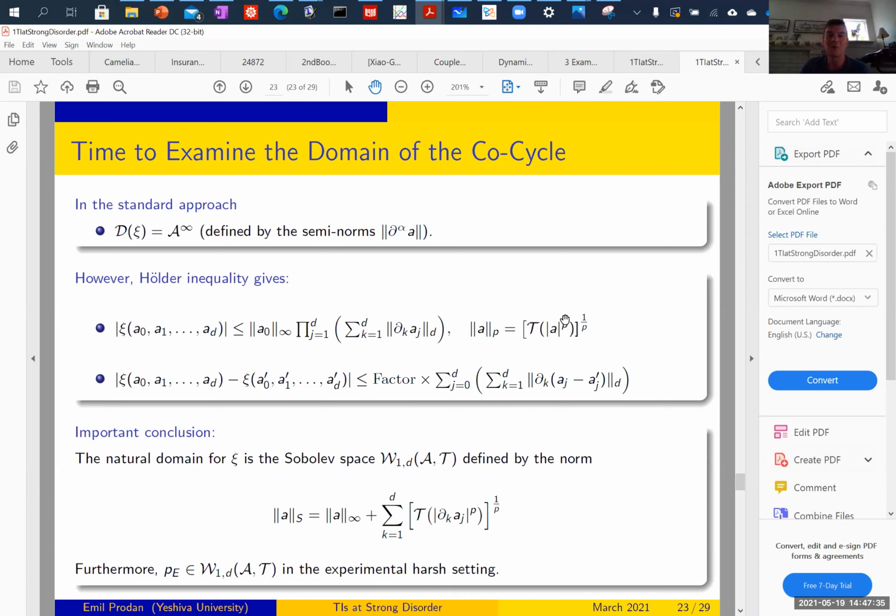Take this difference, and first you establish continuity with respect to A1 prime. Of course, in this factor, you still need A infinity, no question. They go into this factor. However, in this part, you only need the derivations.